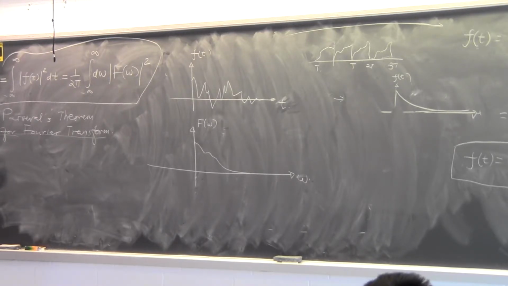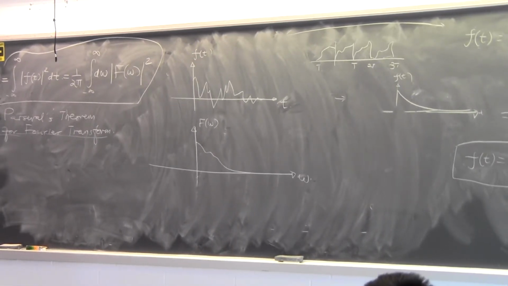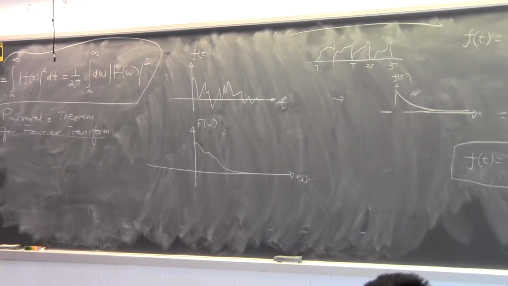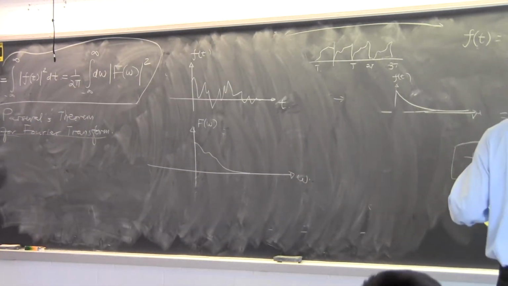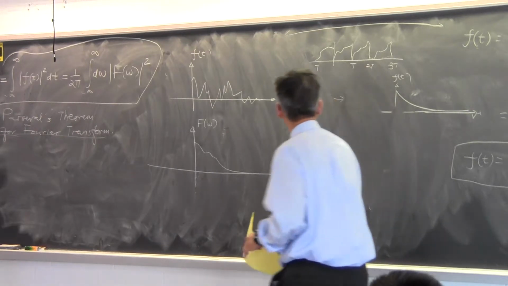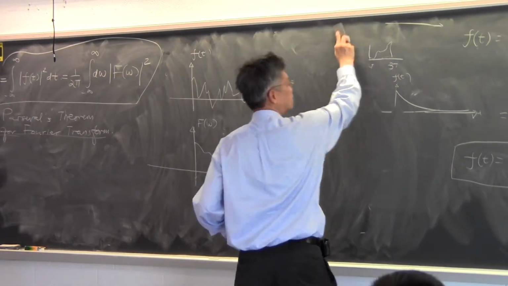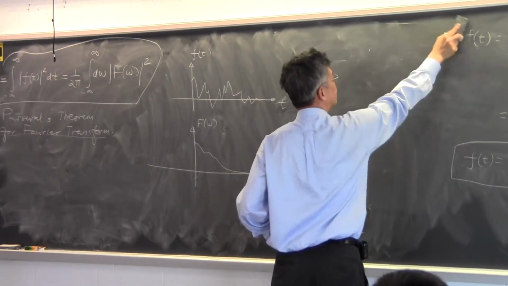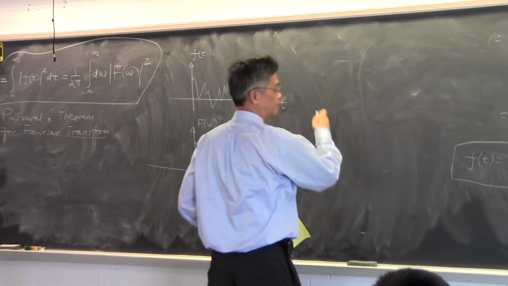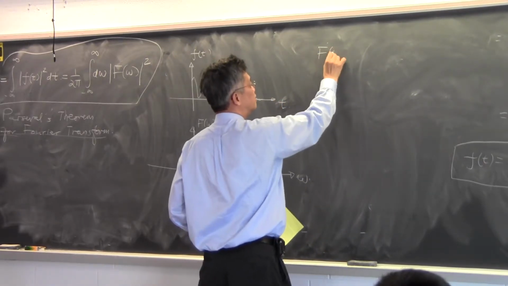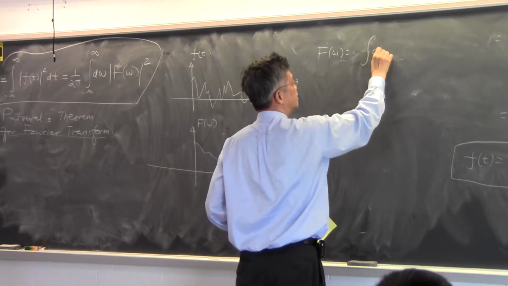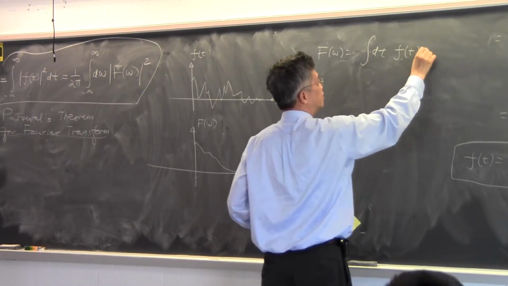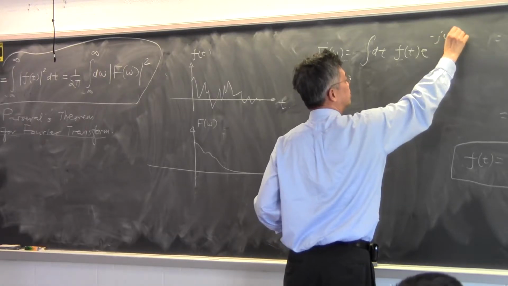Did you go through that in the last lecture? If you have a real value signal and you take its Fourier transform, I erased that formula, but F of omega is equal to 1 over 2 pi integral dt f of t e to the minus j omega t.